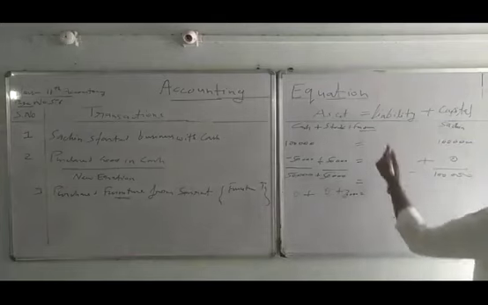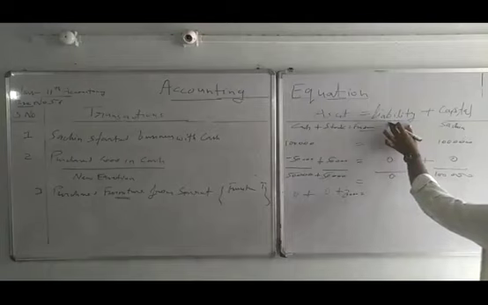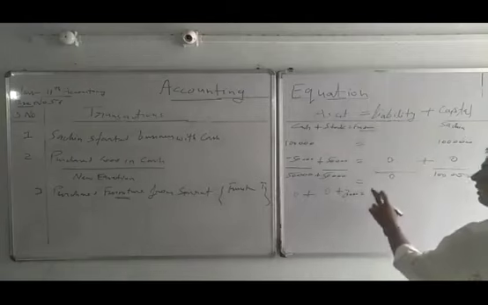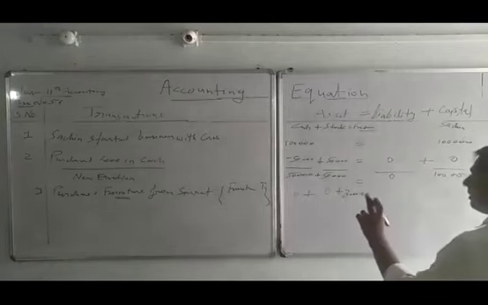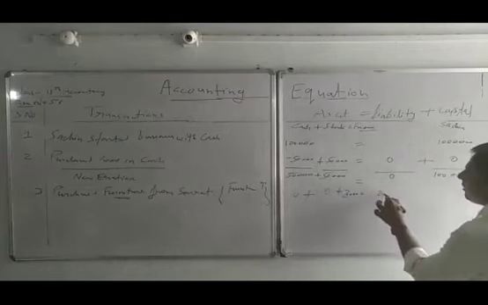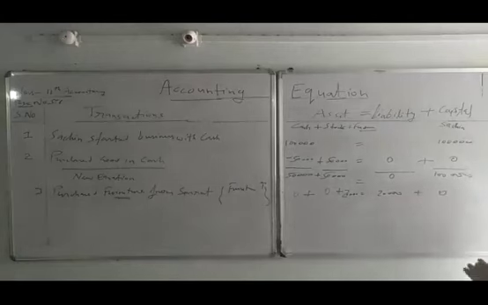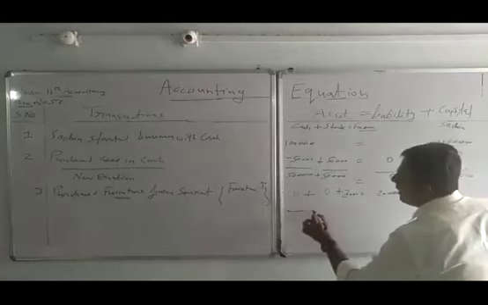Liability will increase because it is purchased on credit. Samrat is the person to whom 20,000 needs to be paid, so Samrat's liability will increase. Again we are balancing it.